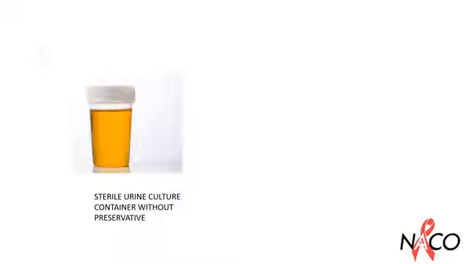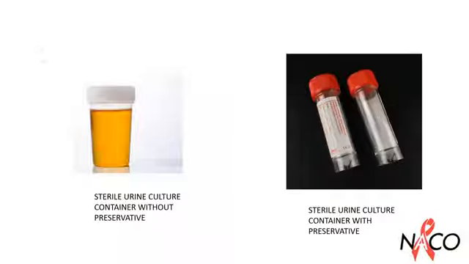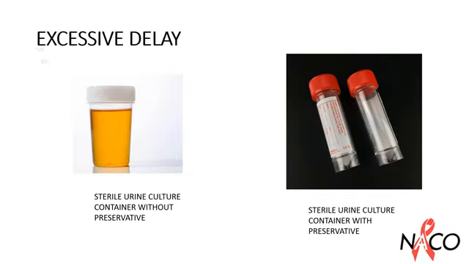Here, the laboratory will have to check if the specimen was collected in a normal urine collection sterile container or a container with boric acid as preservative. Since urine is an excellent supportive medium for bacterial growth, specimens must always be transported to the laboratory without delay. Therefore, urine culture specimens in sterile containers without preservative should be rejected if received at the laboratory after excessive delay.